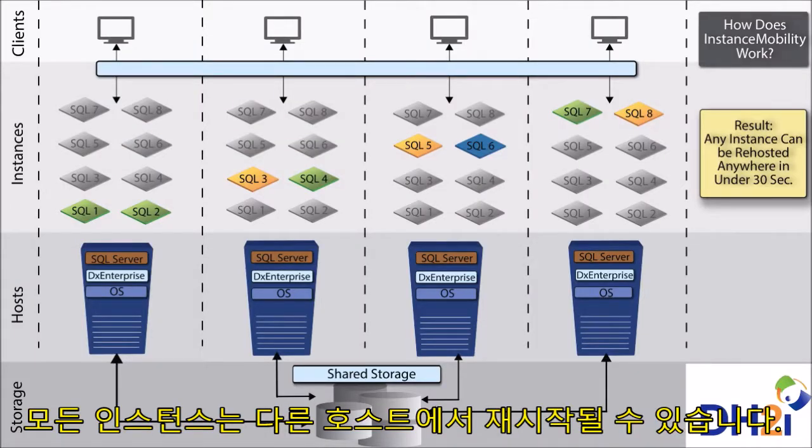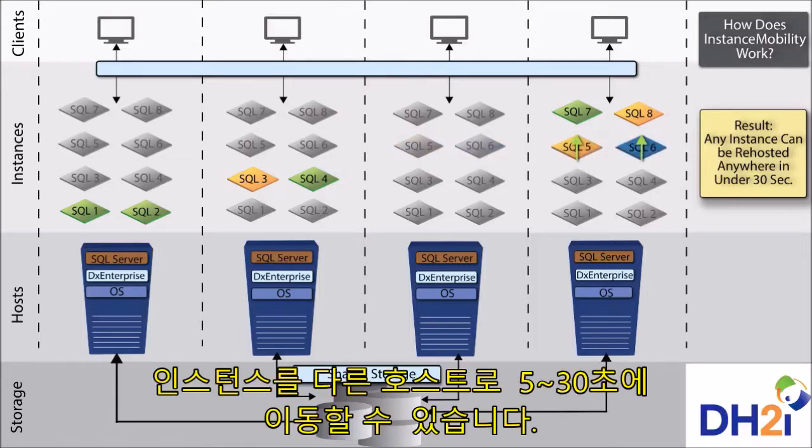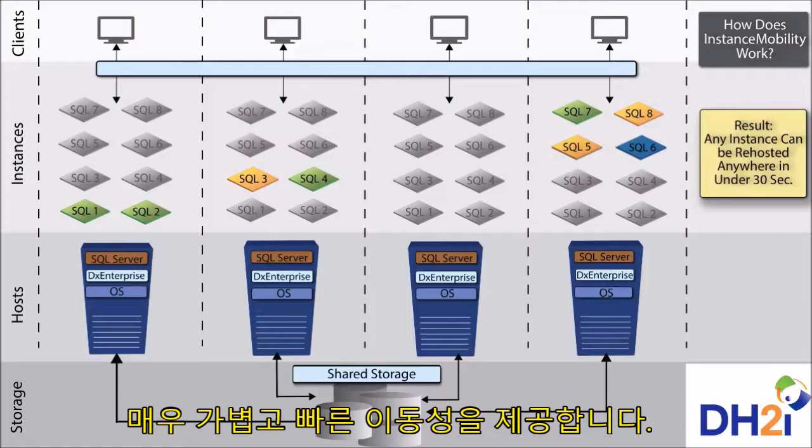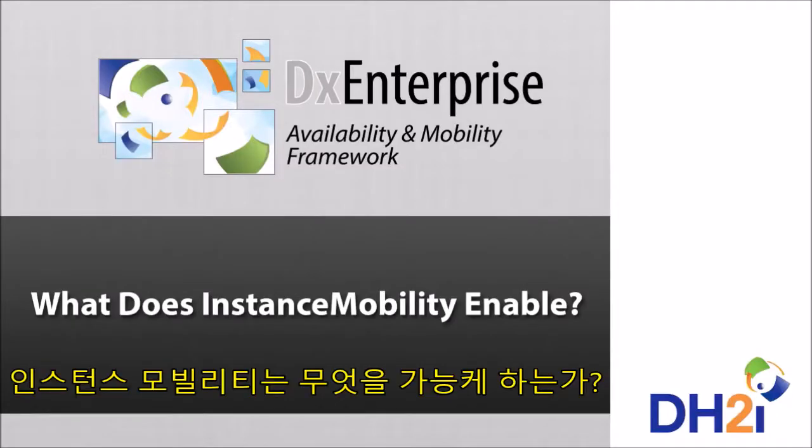The result is that any instance can shut down and restart on any other host or move between hosts in 5 to 30 seconds. This provides the lightest weight mobility possible with no machine boot time associated with moving an instance. This is how instance mobility works.